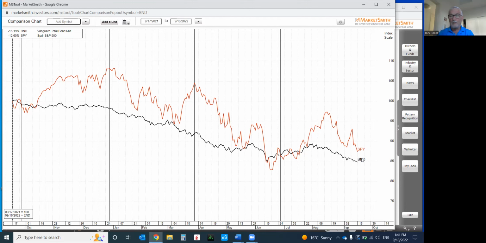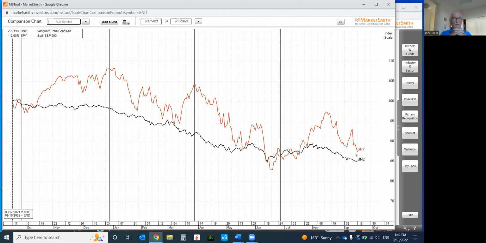Actually slightly better, but for all intents and purposes, both bonds and the S&P 500 equities are down about 15% year to date. So if your advisor had given you the traditional mix of 60% equities, 40% bonds, they're both down 15%.